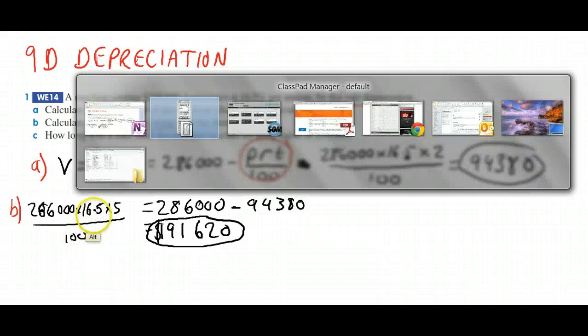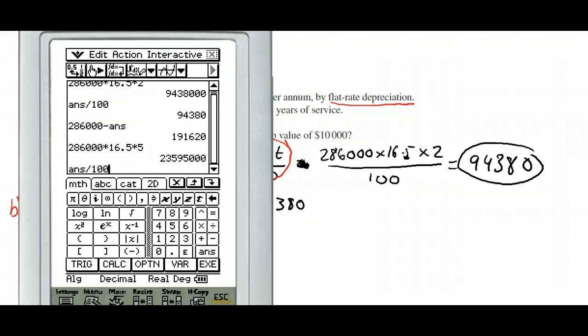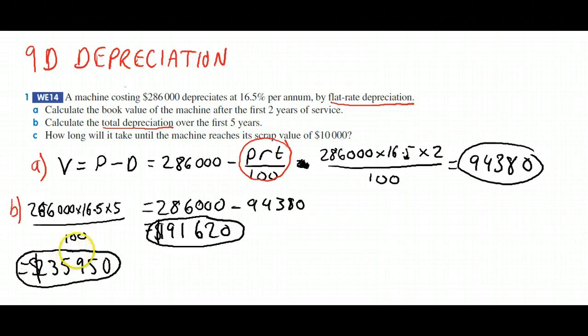When we put that into the calculator, 286,000 times 16.5 times 5 and divide it by 100, we get 235,950. So that's the value that's been lost. That's the depreciation that's been lost in the first 5 years. And that's quite a lot, isn't it? It's not worth much now.